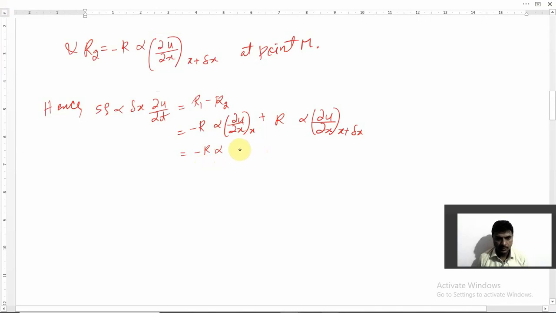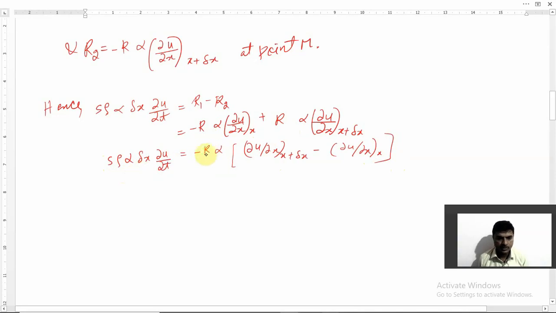Now I'll write the equation like this. First I will take the positive part, so dou u upon dou x, at x plus delta x minus dou u upon dou x, at x. Just I have interchanged this and I have taken the common part. In this you can see on the RHS, yes, specific heat, rho density, alpha cross section area, delta x change in the distance, and dou u upon dou t change in the temperature.